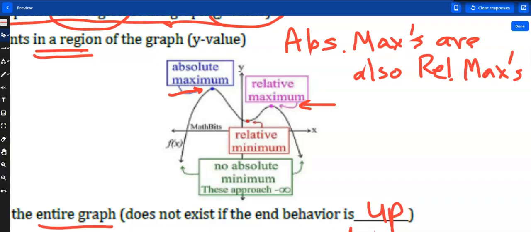But a relative max is not always an absolute max. And then this particular graph has no absolute minimum because it just keeps going down, down, down. And it doesn't have to be one side only. It could be both sides, but if it's got one side that's going down, then there is no absolute minimum. And there is one relative minimum in the middle. You can see that one.